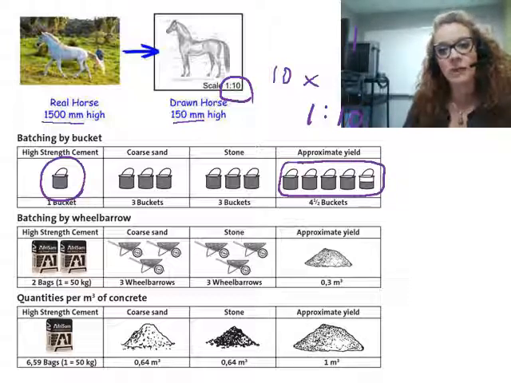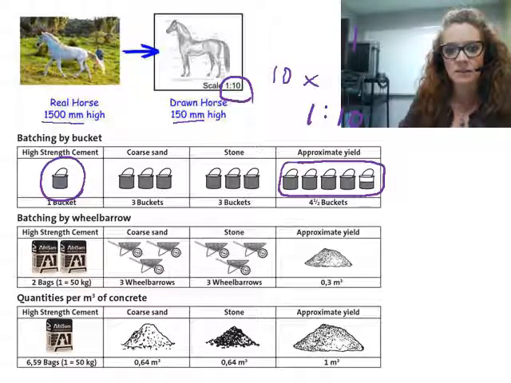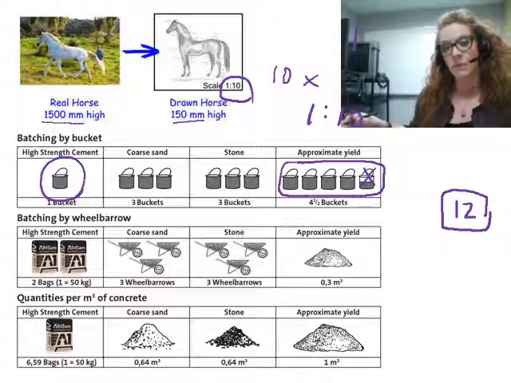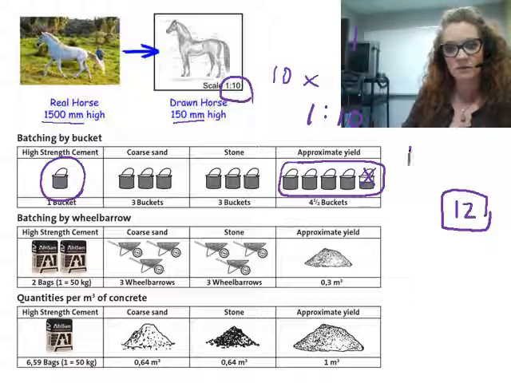So you could say, let's just say that this was a 4. We'll just cancel that last one out and say this is 4 buckets. So if I need 12 buckets of cement to do my entire patio, I can use that ratio of 1 to the total of 4. And so if I want 12, then I need to start with 3 bags of cement.